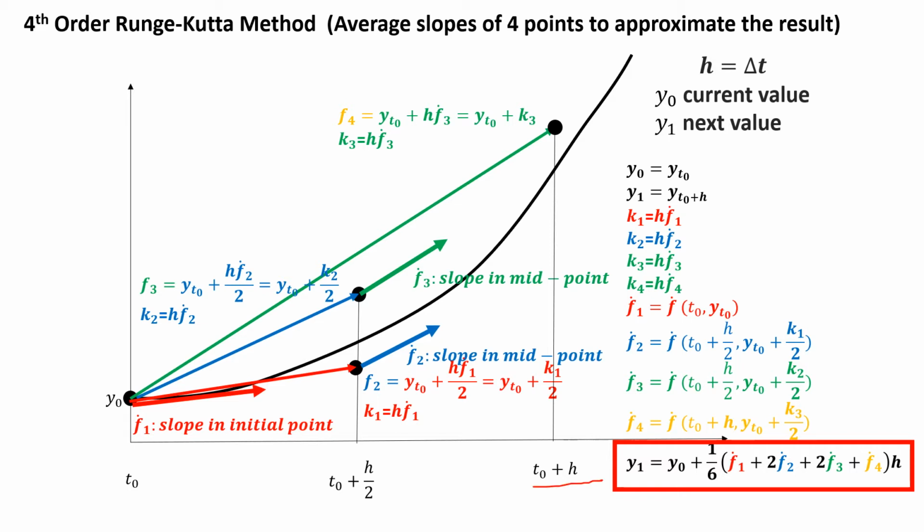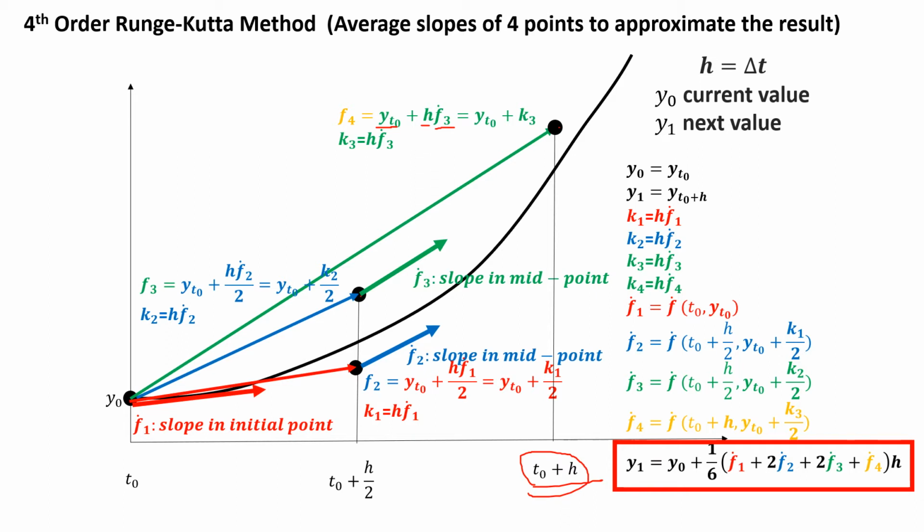So I use the slope, y at t0 plus h, multiplied by the time, because the time becomes h, it will be delta t multiplied by the slope I estimated at the third point. Okay, so I will get this point f4, which will be y at t0 plus h.